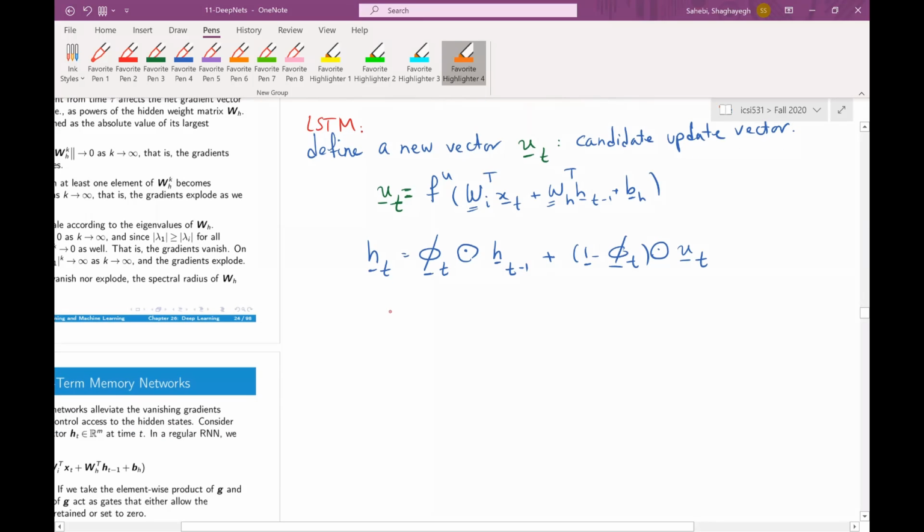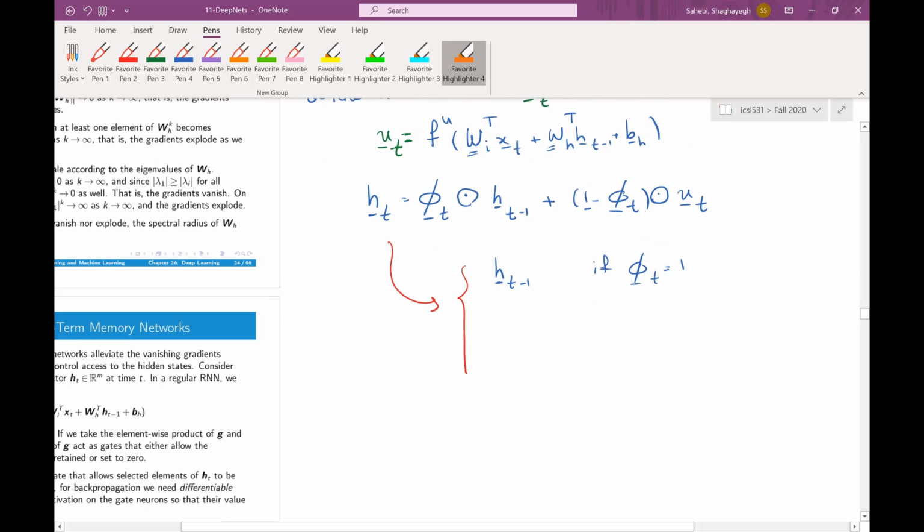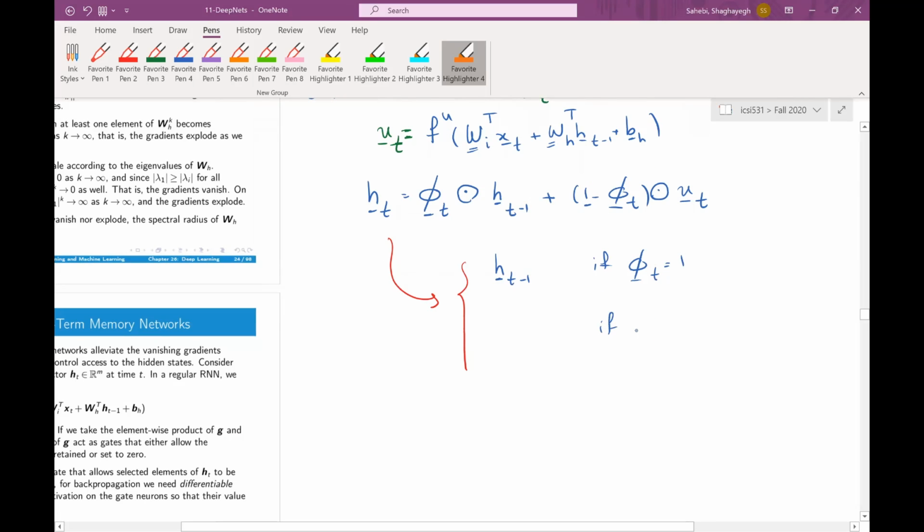So this is going to be like this: it is equal to h_{t-1} if phi_t is equal to 1. Otherwise, if it's equal to 0, it's going to be equal to u_t.